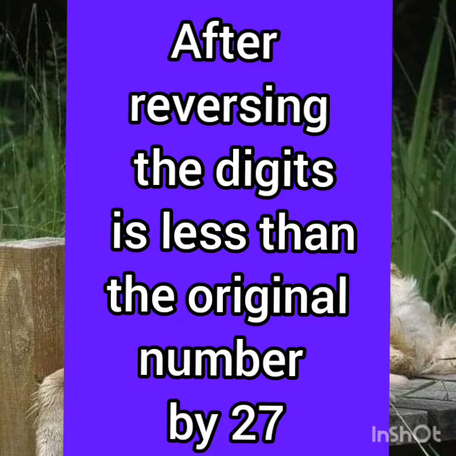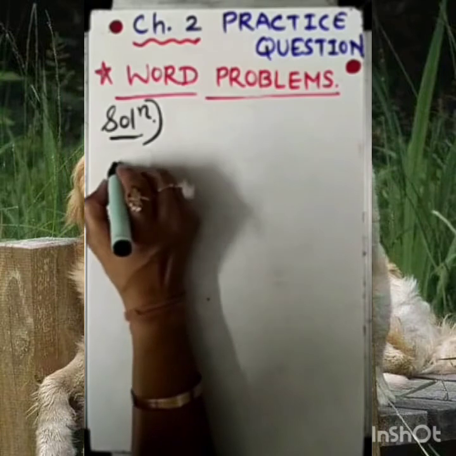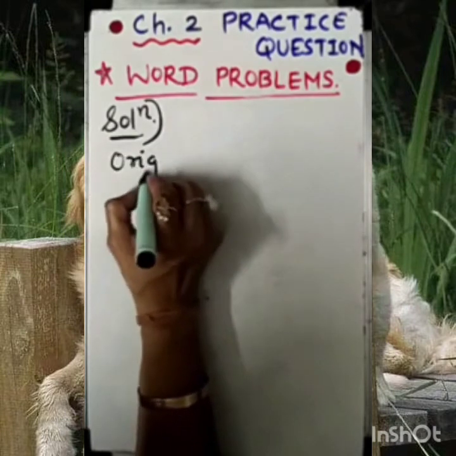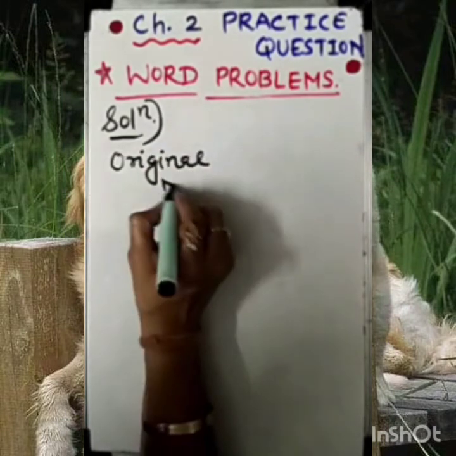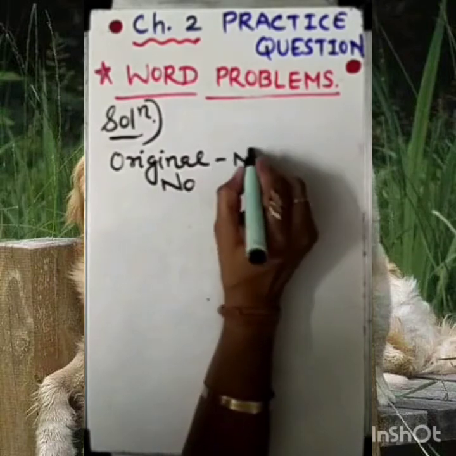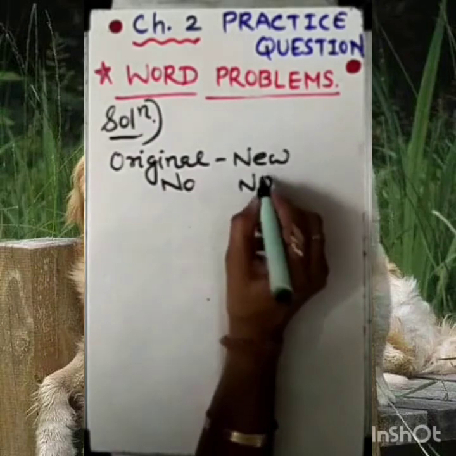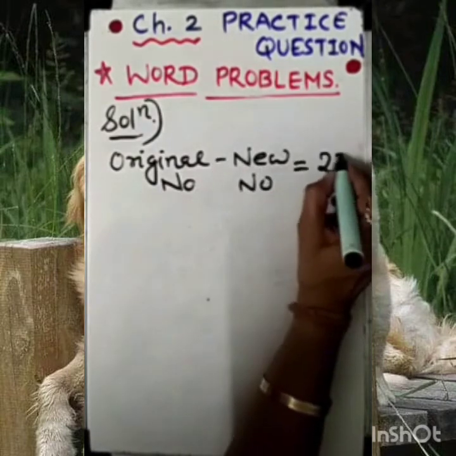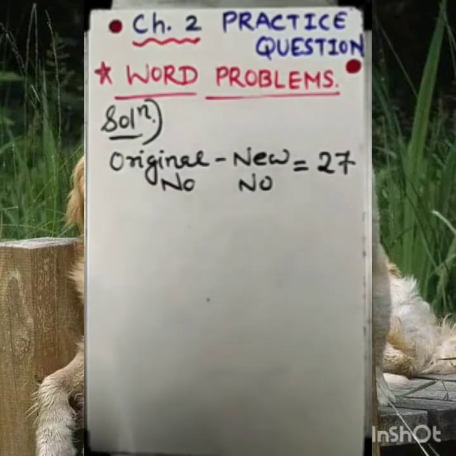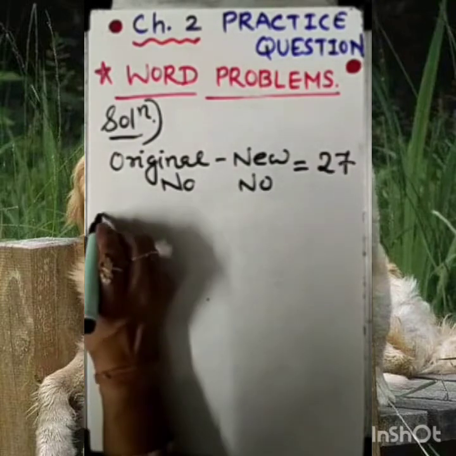It indicates that the difference of the original number and the new number is 27. So dear student, we need to mention here original number minus new number. The difference is coming 27. Okay. The difference of both of these numbers is coming 27.